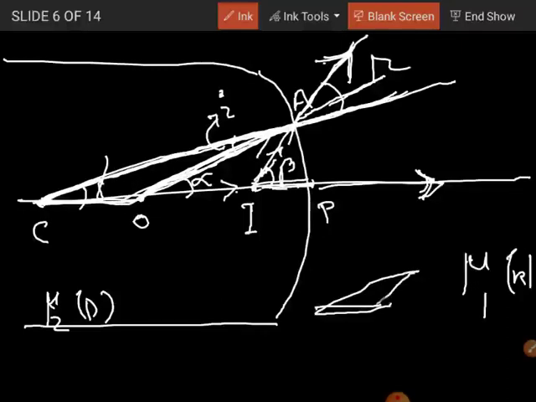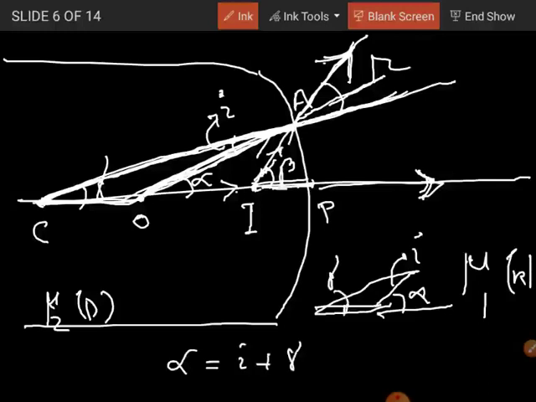This angle is alpha, this angle is I, and this angle is gamma. So alpha equals I plus gamma, and we can express it as I equals alpha minus gamma. Starting from there, if you continue as we have done, you can easily get that expression, the one we have done.